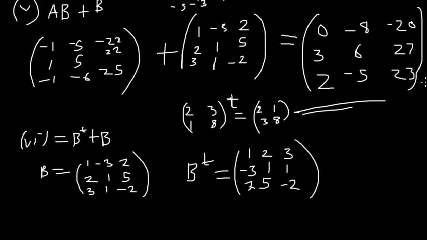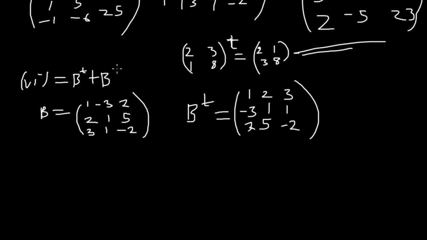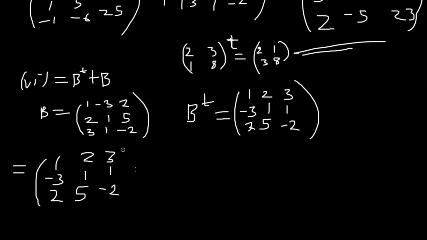Then you add the two according to the question. So our B transpose is 1, negative 3, 2, then 2, 1, 5, then 3, 1, negative 2. So this is our B transpose.